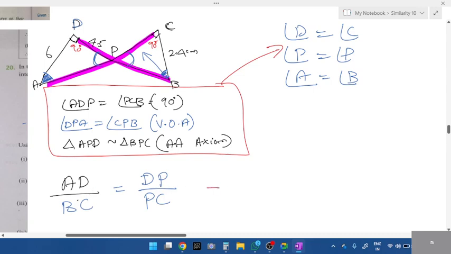Now, according to this, what is AD given? AD is equal to 6, BC is equal to 2.4. Unmute the call. How can I write 2.4? 24 and 10 will go to the numerator, right? What is DP, students? DP is 45 by 10 into what is PC value?